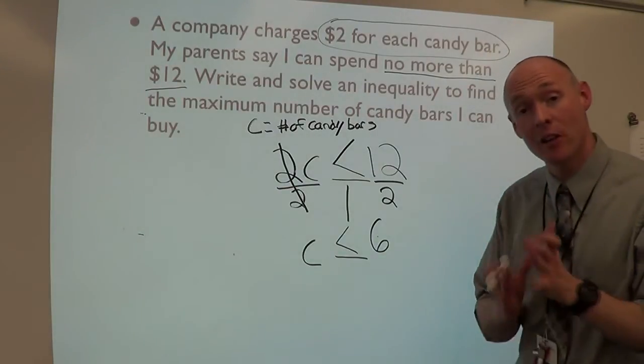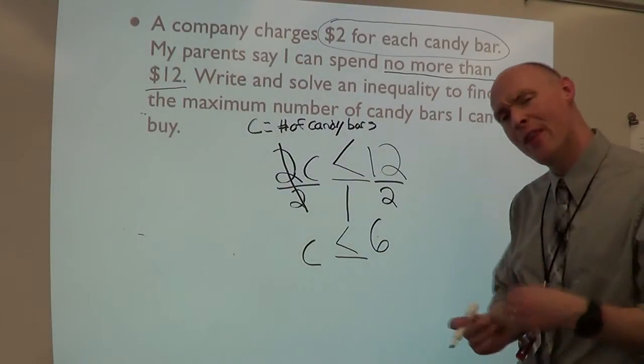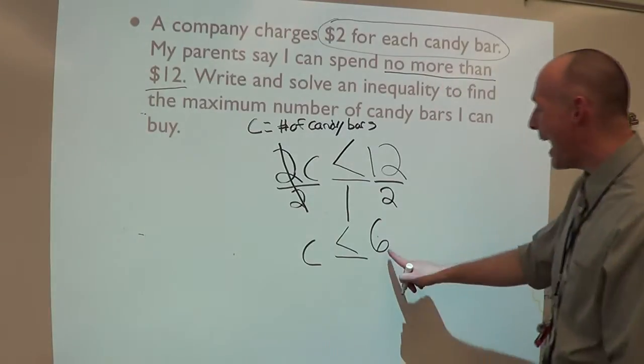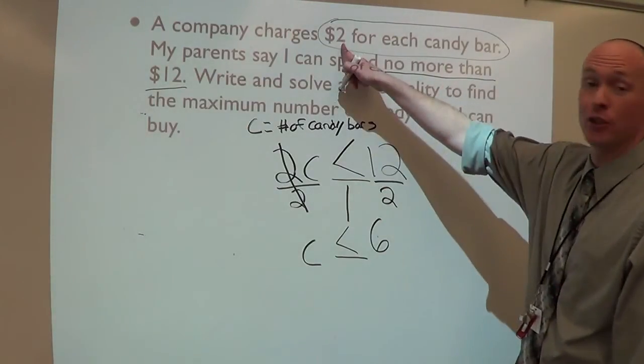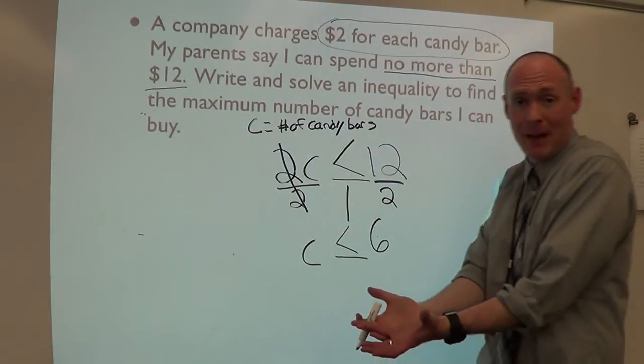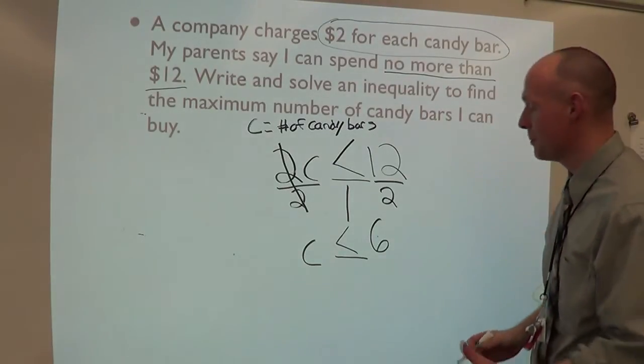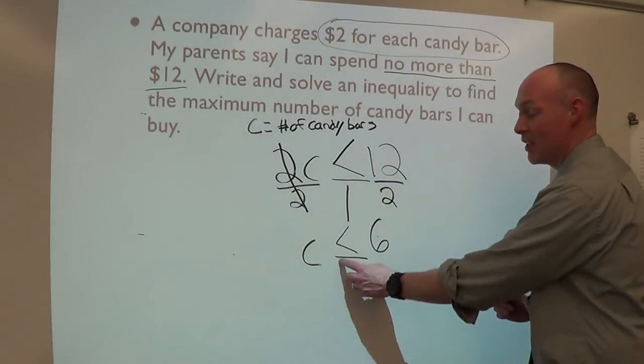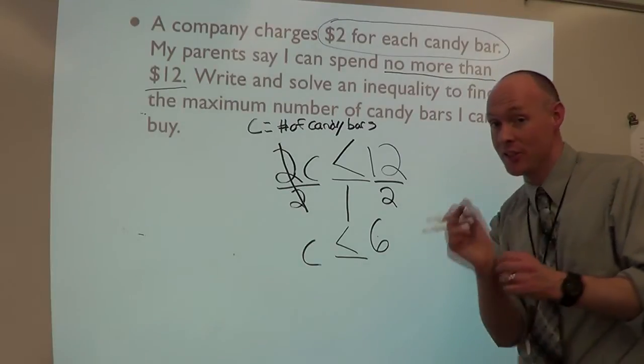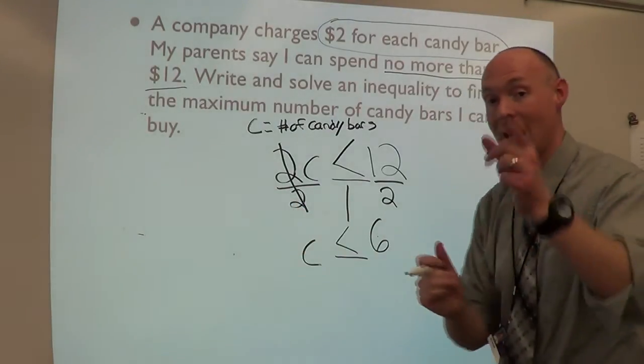Now some of you right now can probably look at this and say, oh yeah, that makes sense. I can buy 6 candy bars for $2 because my parents say I can spend $12. But C could be any number 6 or lower. Now let's graph it.